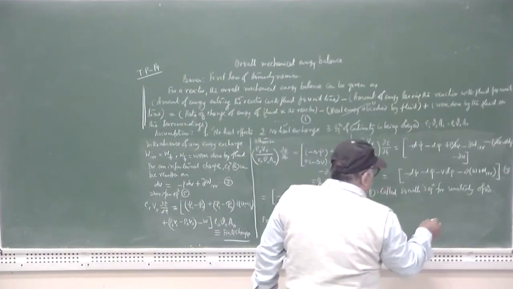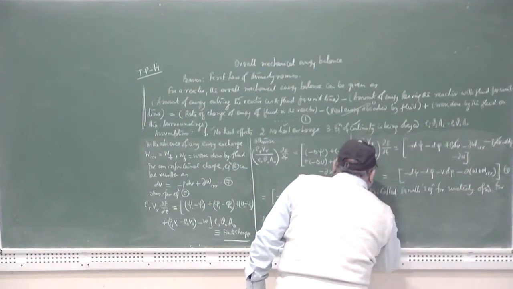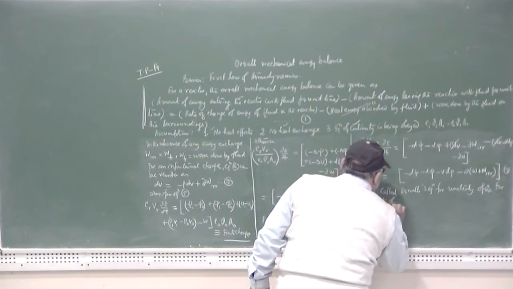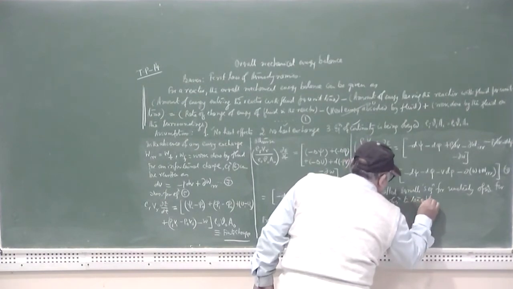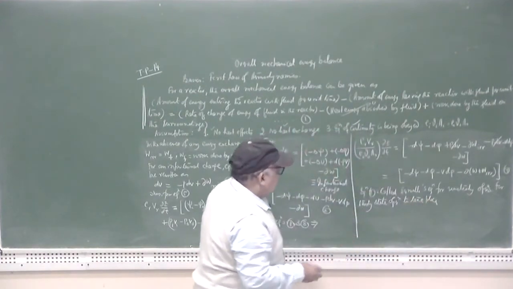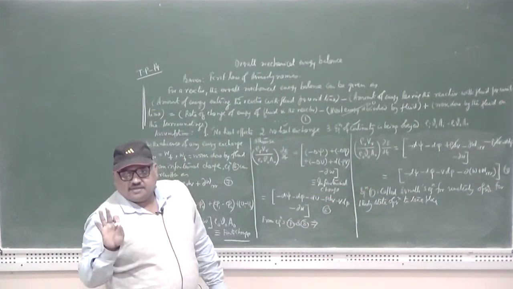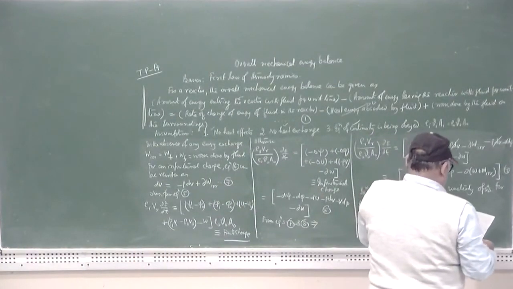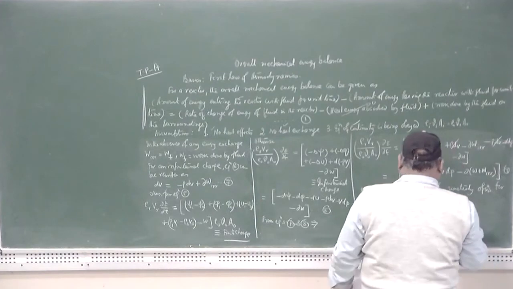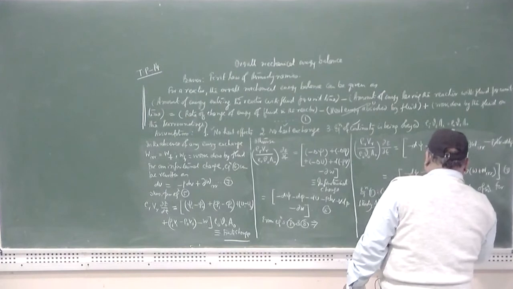For steady state operation to take place, which quantity should be 0 in this case? This dE/dt needs to be 0. dE/dt should be equal to 0.